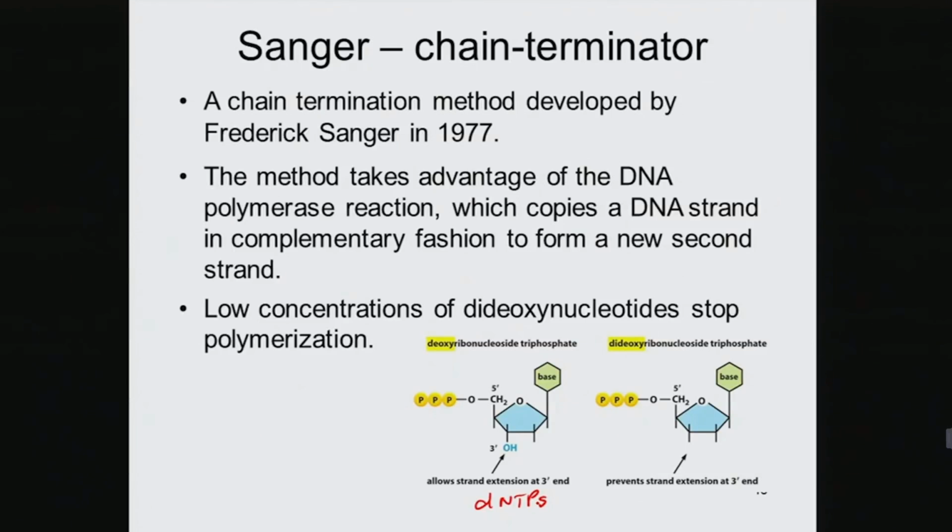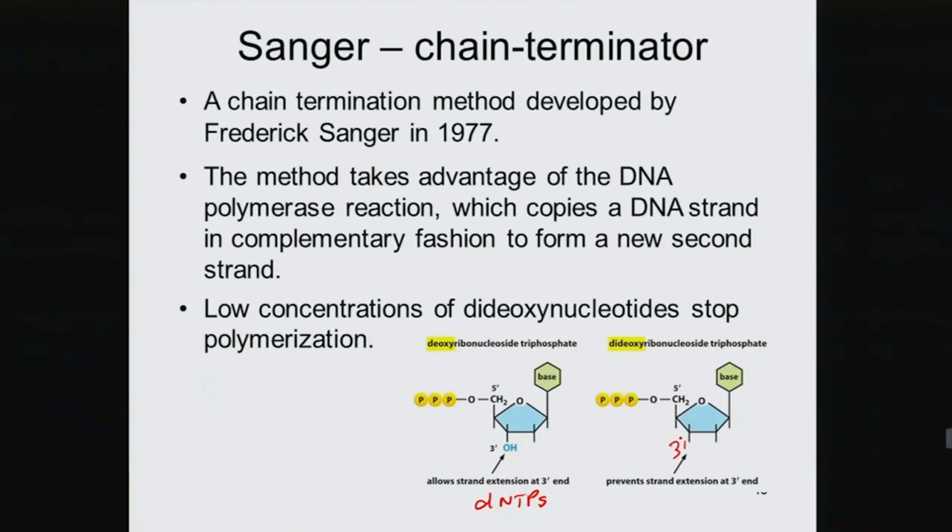What's the problem with this if this base gets incorporated during DNA synthesis? Why does it terminate synthesis? What did I tell you about DNA synthesis? What do we need? A free 3' hydroxyl, which is lacking here. So you don't have that 3' hydroxyl for synthesis to still occur as you're synthesizing DNA.